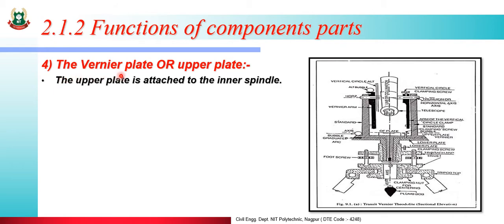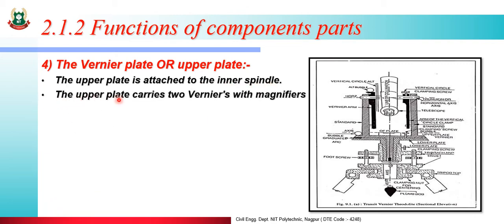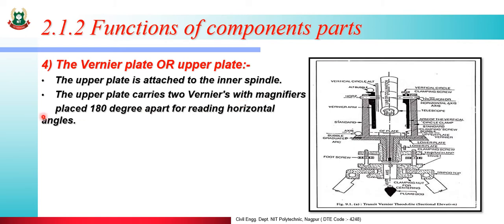The Vernier plate or upper plate. This is a Vernier plate and upper plate. The upper plate is attached to the inner spindle. The upper plate carries two verniers with magnifiers placed 180 degrees apart for reading horizontal angles.